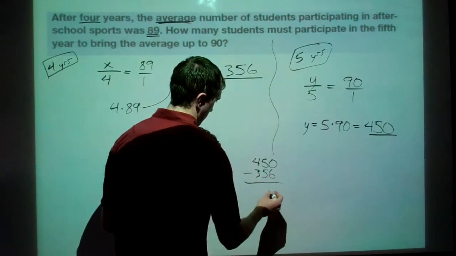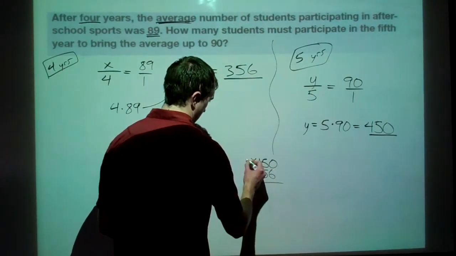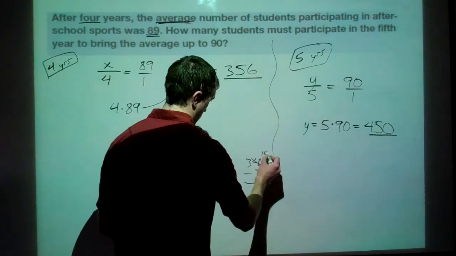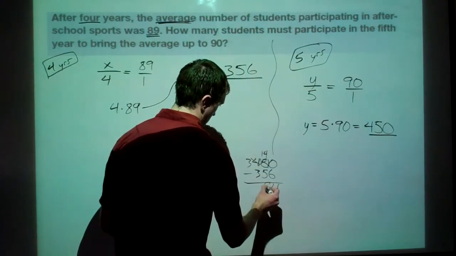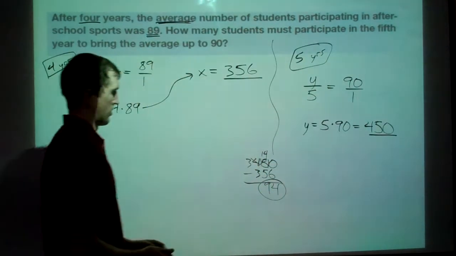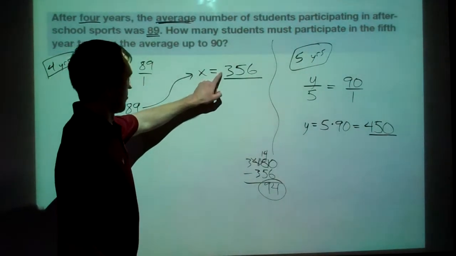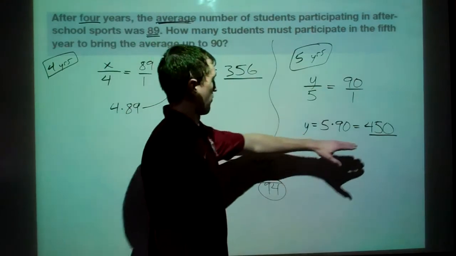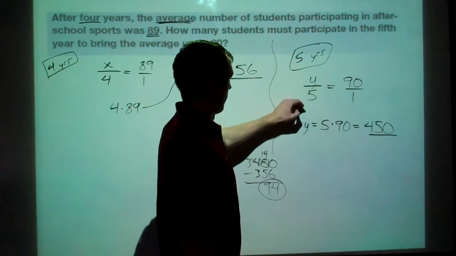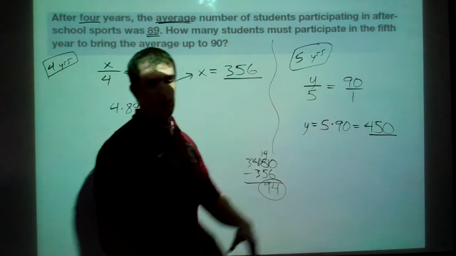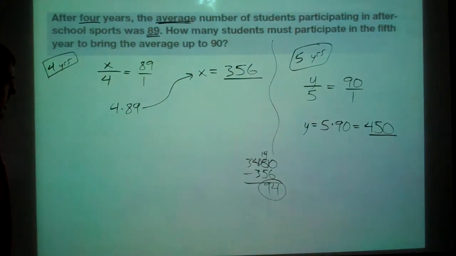And subtract those. So 94 students. So if we add 94 to this number, that's where we get 450, and 450 divided by 5 gives us that 90, which was the average they were looking to get to.